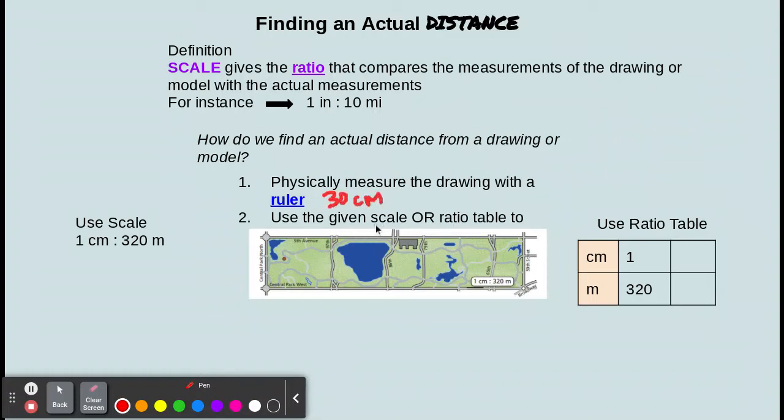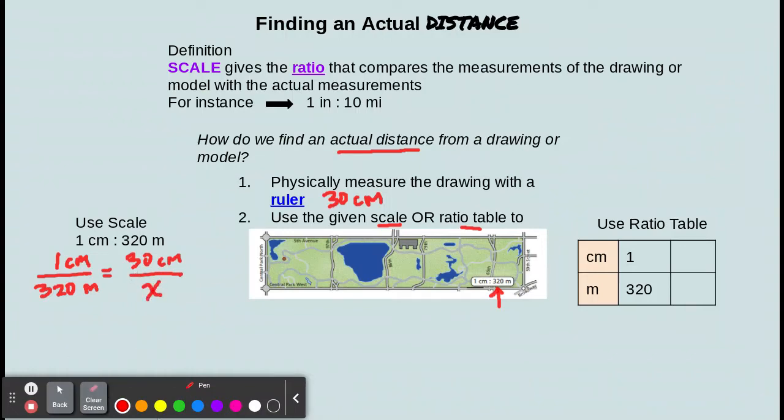Now we can use scale or a ratio table to find the actual perimeter of Central Park. The scale we're given is 1 centimeter is the same as 320 meters. We measured the perimeter on our map to be 30 centimeters, and we want to know the actual perimeter.